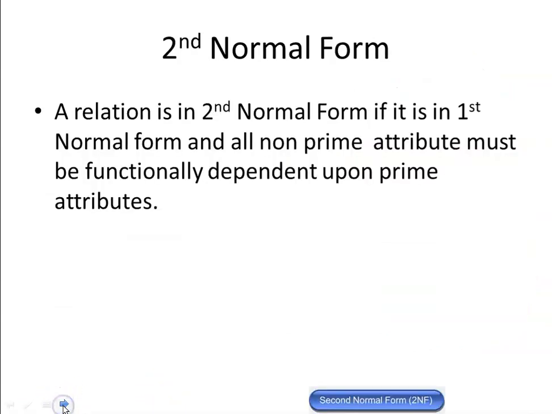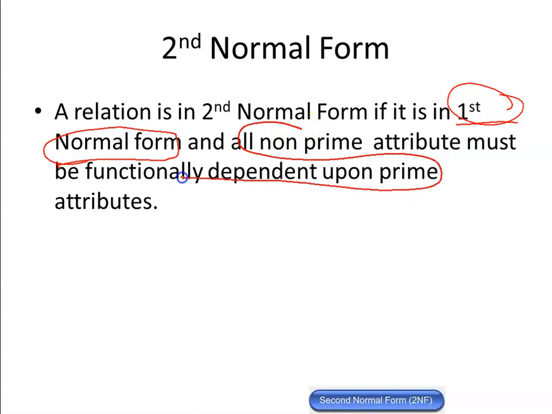Now moving on to second normal form. What is this second normal form? A relation is said to be in the second normal form if it is in first normal form. So the first part says that your relation must be in first normal form. The second part of the definition says that all non-prime attributes must be functionally dependent upon the prime attributes.